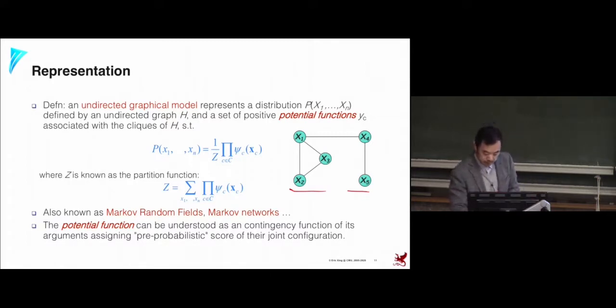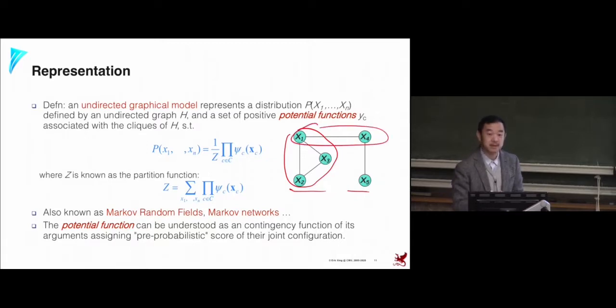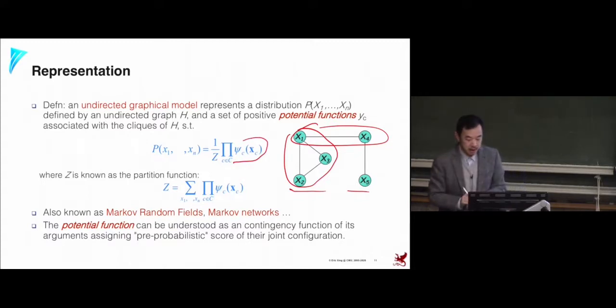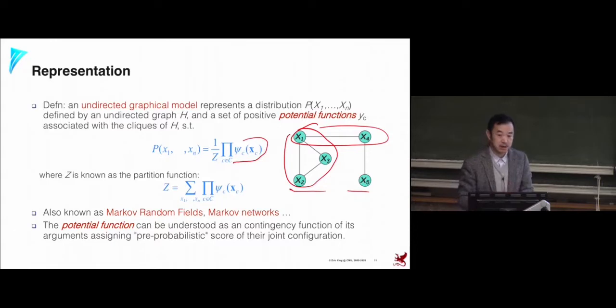For example, this is a clique, right? And do you see other cliques? An edge connecting two nodes is a clique, right? So anyway, we are going to define clique in the next page, but say given cliques already, we can define something called potential functions on top of this clique. What is a potential function? You will see actually very, very soon.